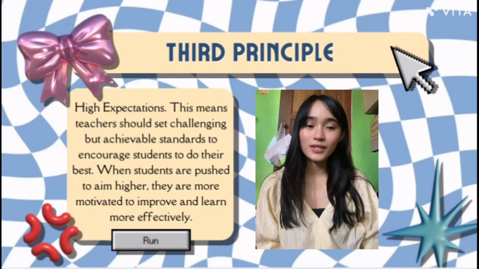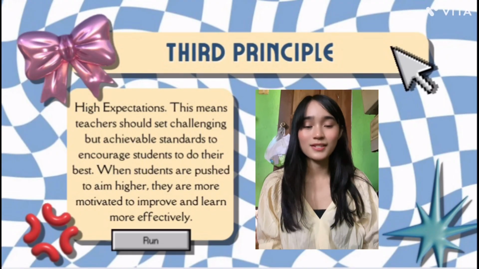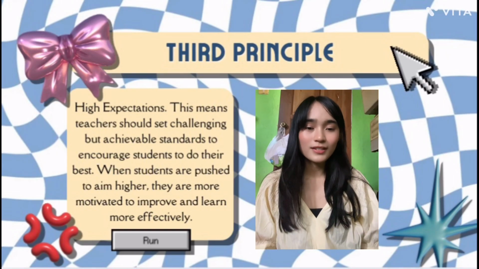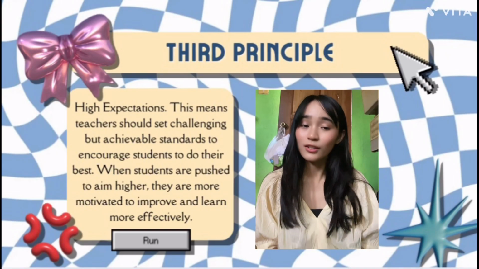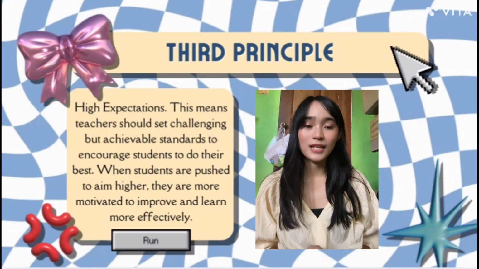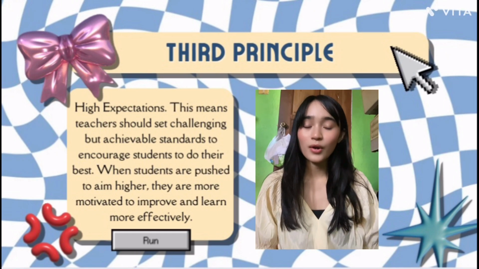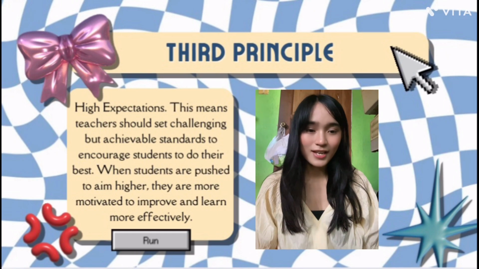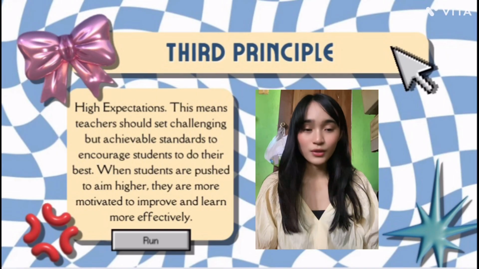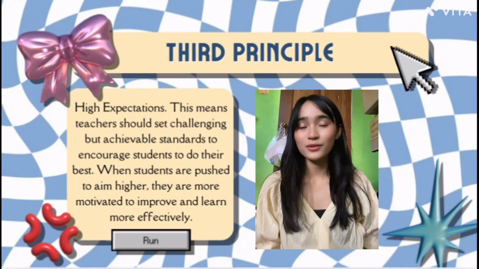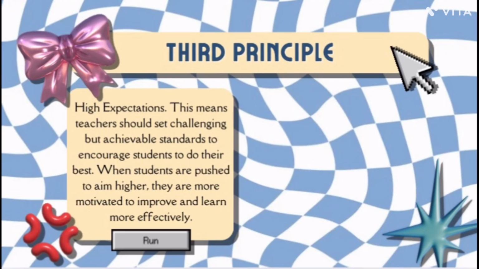This idea fits Spady's belief that successful learning leads to more success. It also connects to Thorndike's law of effect, which says that when students experience success, they become more confident and motivated, making them want to keep improving. High expectations help students grow and reach their full potential.